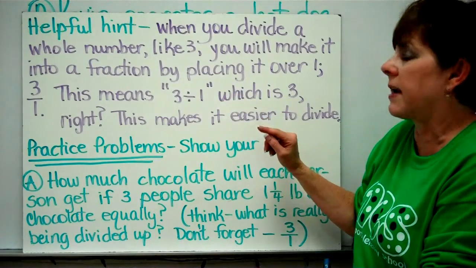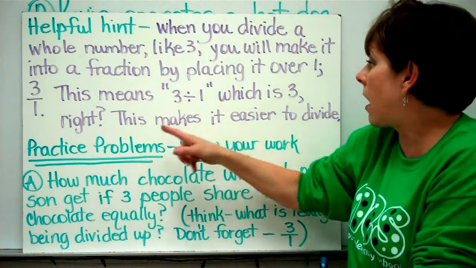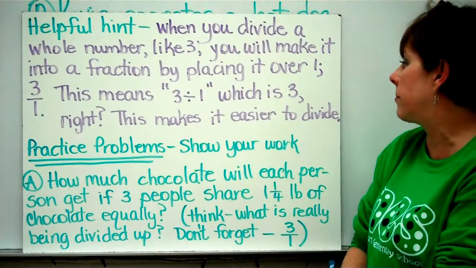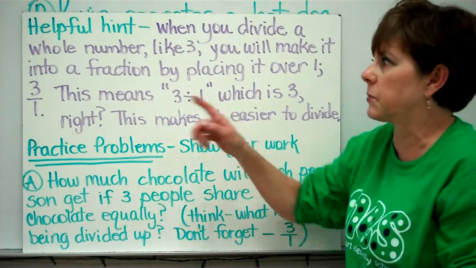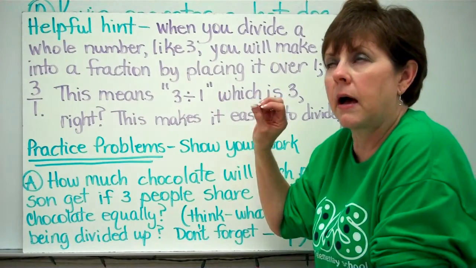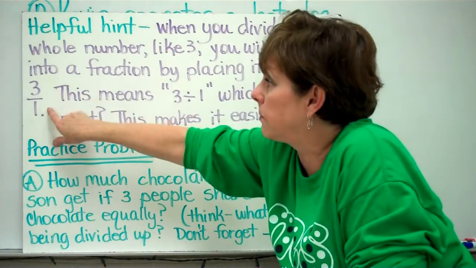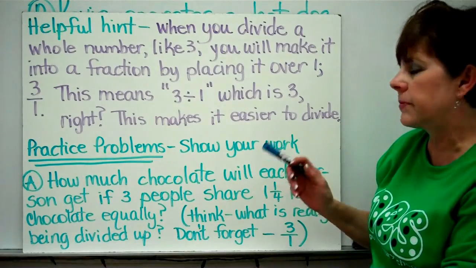Okay, what is 3 divided by 1? 3. All right? So this is a hint that will help make it easier for you to divide. And you may need this on your practice problems. So remember that if you're making a whole number into a fraction, you always place it over 1. Always. Here's your practice problems.